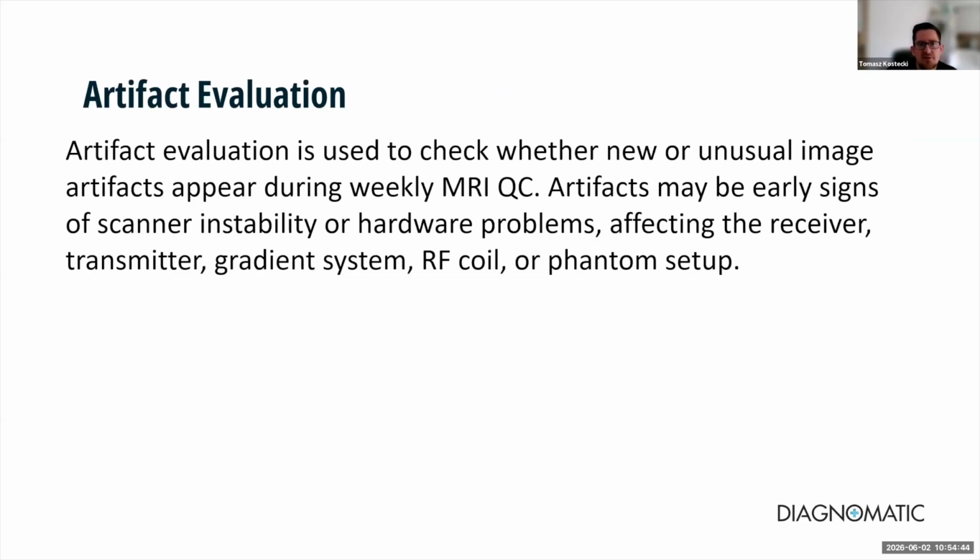Artifact evaluation checks whether any new or unusual artifacts appear during weekly MRI quality control. These artifacts can be early indicators of scanner instability or hardware problems. They might be related to the receiver, transmitter, gradient system, RF coil, or even the phantom setup.